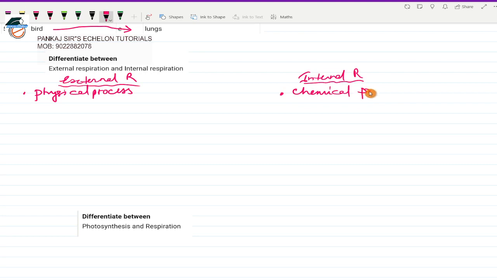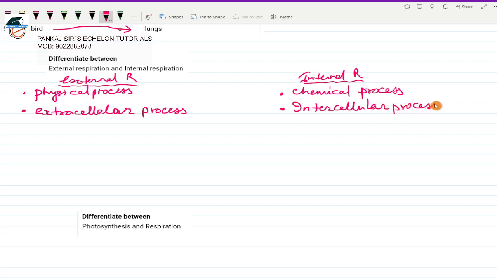Now this external respiration takes place outside the cell, so it is also known as an extracellular process. It doesn't take place inside the cells. This internal respiration takes place inside the cell, so it is known as an intracellular process. It takes place within the cells, while the other takes place outside the cells.